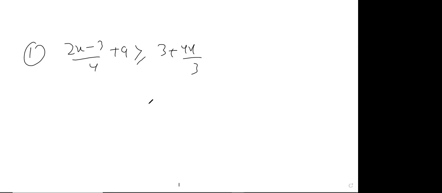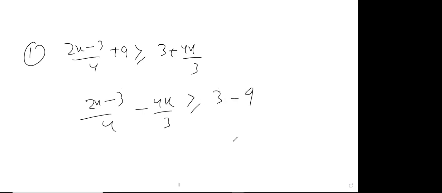Take 4x divided by 3 to the side. 2x minus 3 by 4 minus 4x by 3, and 9 to the other side. Then take the denominator common, 12. Then it becomes 6x minus 9 minus 16x by 12 greater than or equal to minus 6.